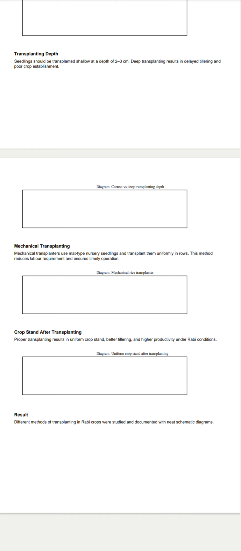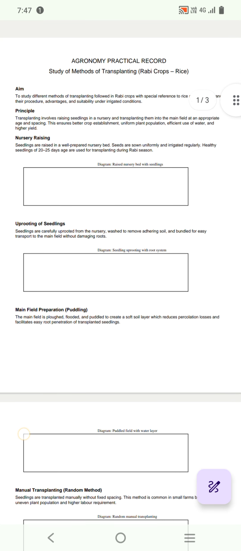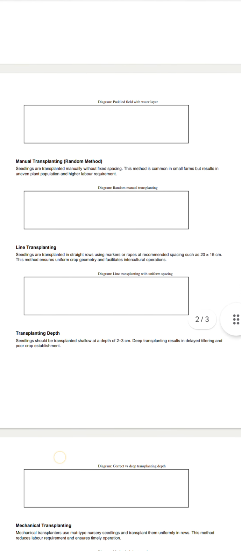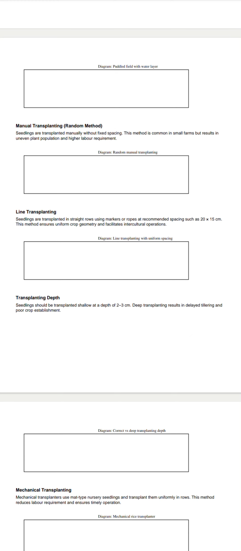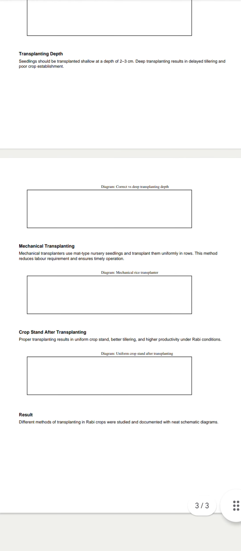This is today's small lecture about methods of transplanting in Rabi crops. Different methods of transplanting in Rabi crops were studied and documented with neat schematic diagrams. In whatever spaces are there, the students will draw diagrams like a raised nursery bed with seedlings, seedlings uprooted with the root systems, a puddled field with water layer, random manual transplanting, and line transplanting with uniform spacing, the correct versus deep transplanting depth, a mechanical rice transplanter, and uniform crop stand after transplanting.